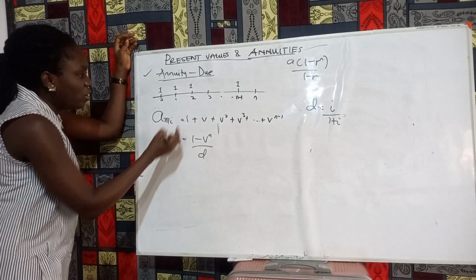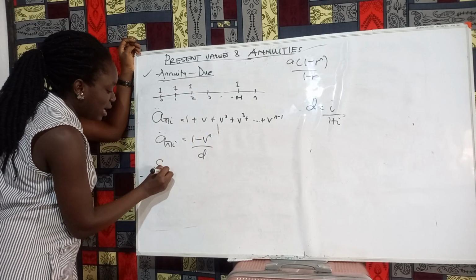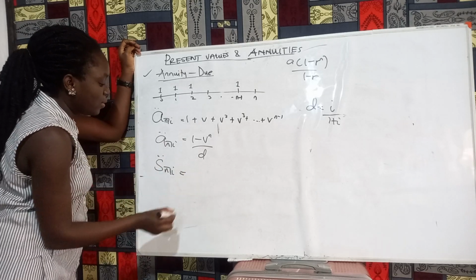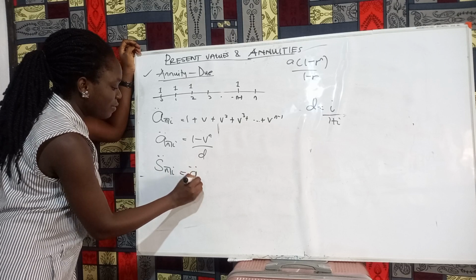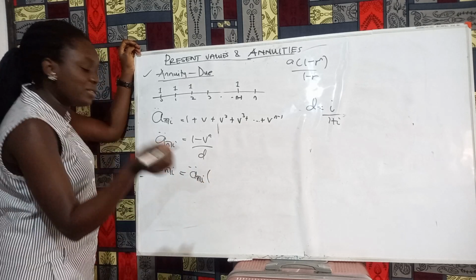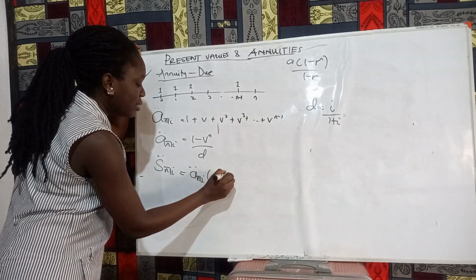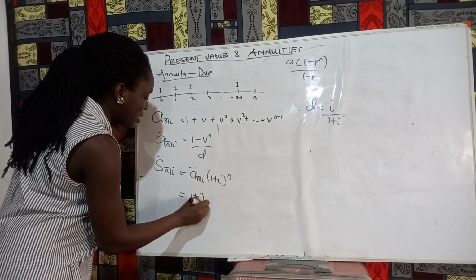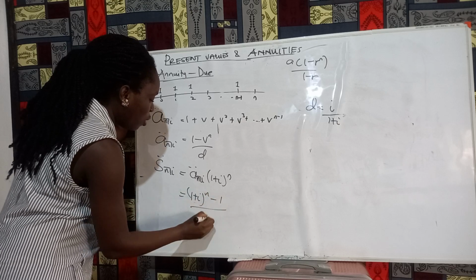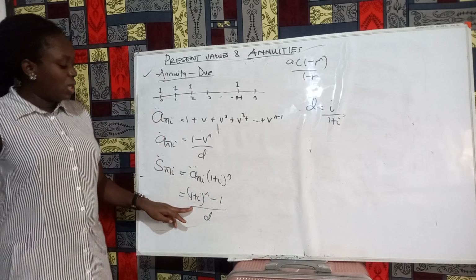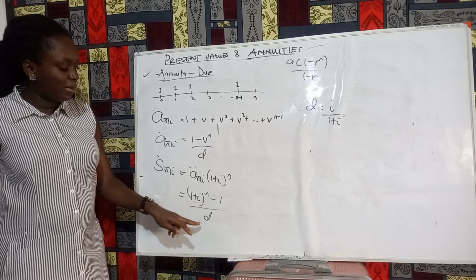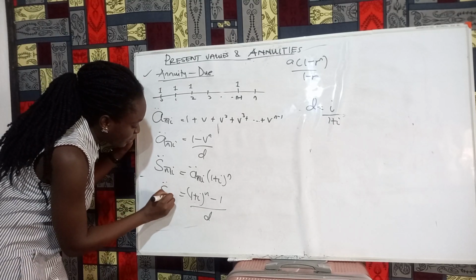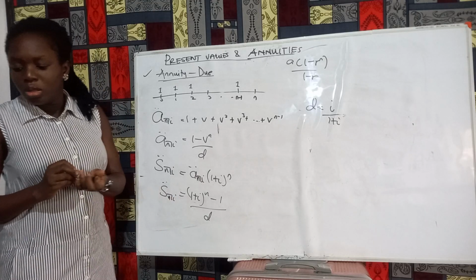So to find the future value of this series at time n, s double-dot angle n at i is equal to my present value multiplied by my accumulation factor, which is 1 plus i to the power n, and simplified to get 1 plus i to the power n minus 1 all over d. This is very similar to the case of annuity immediate, except that the denominator is no more i but d. So take note.